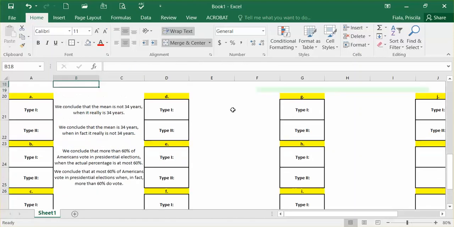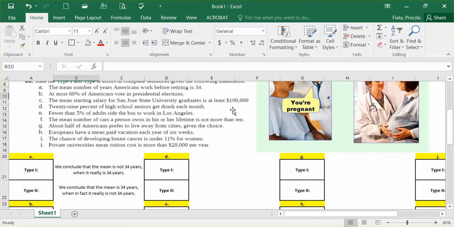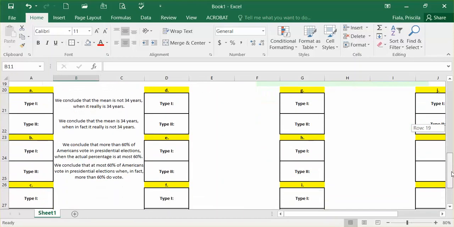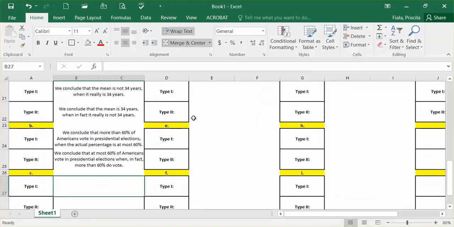Let's go to C. What is C? The mean starting salary for San Jose State University graduates is at least 100,000. So that means at least equals higher or equal to.